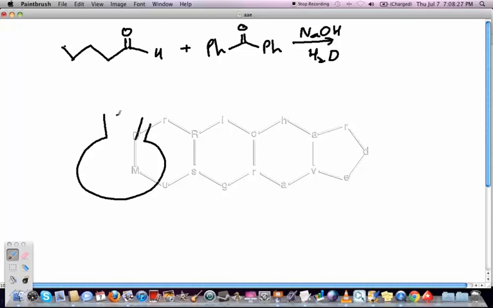We use a dual neck flask, and in here you would put the one that didn't have the alpha hydrogens, and you'd put that in sodium hydroxide. Now the sodium hydroxide won't react with this one because it doesn't have any alpha hydrogens.